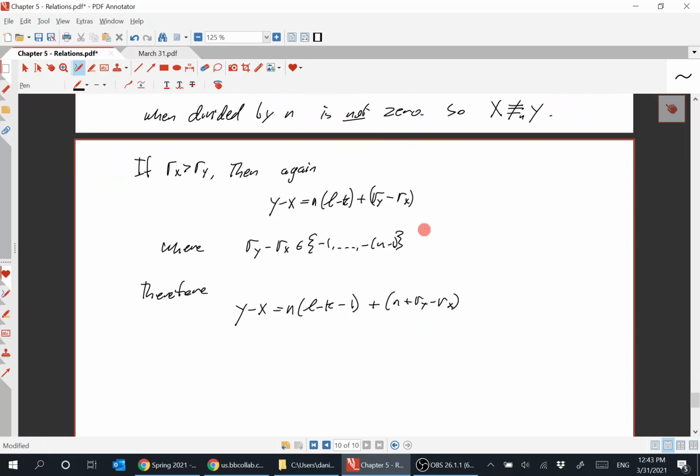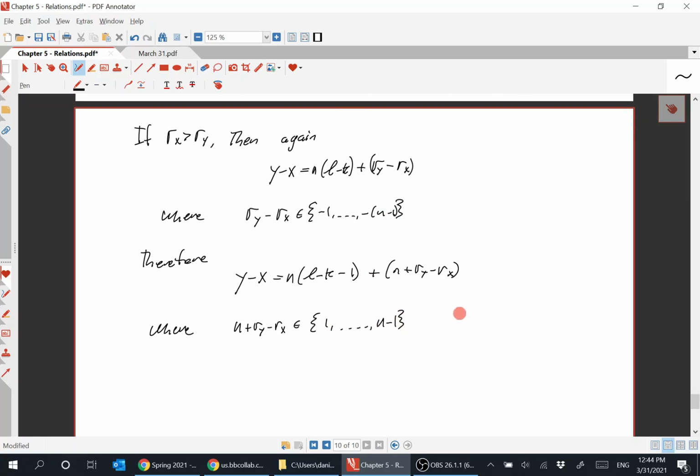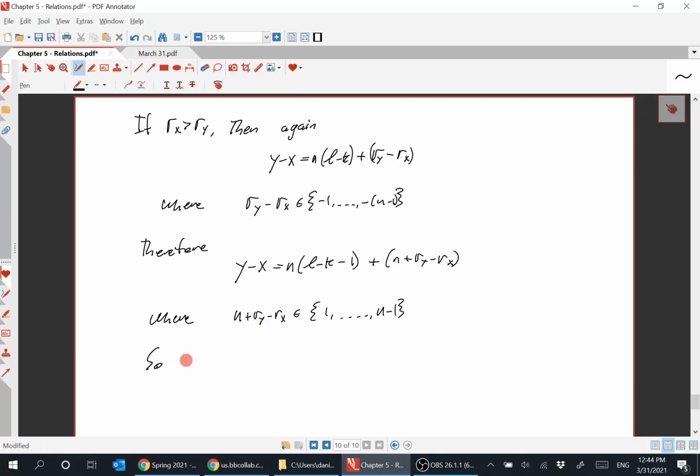where n plus ry minus rx is an element of this set, adding n to it. So, like if you add n to negative 1, you get n minus 1. And if you add n to this, you get positive 1. Right? So that's the remainder.